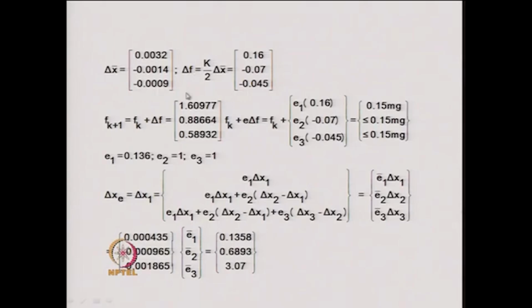Therefore, the bottom column is yielding, whereas the other two columns, that is the middle column and the top column, they remain in the elastic state.